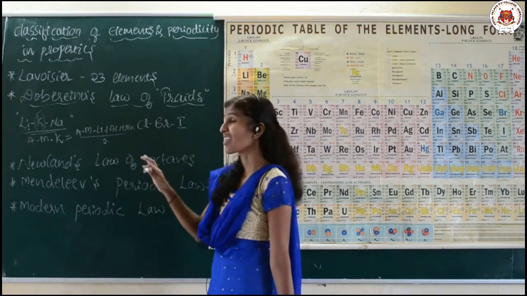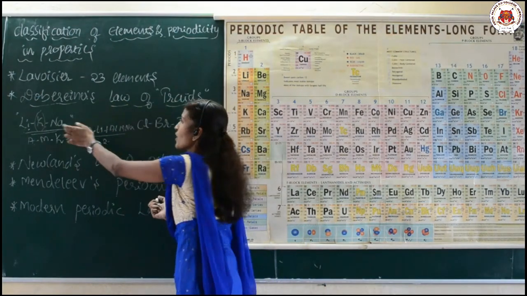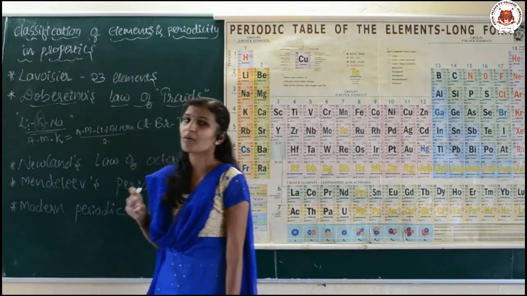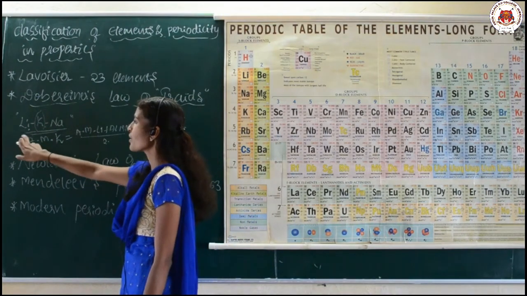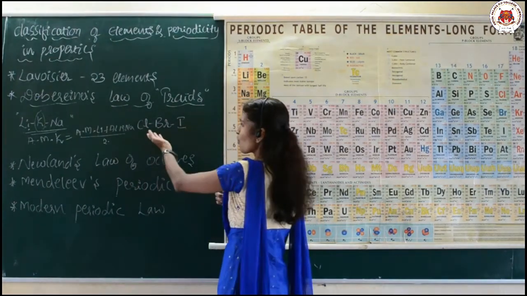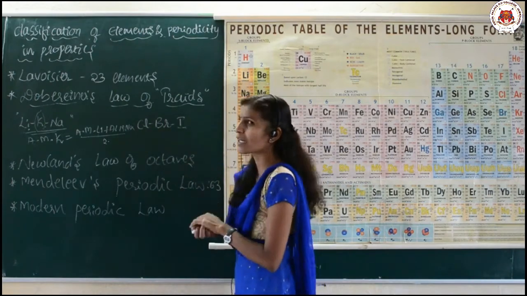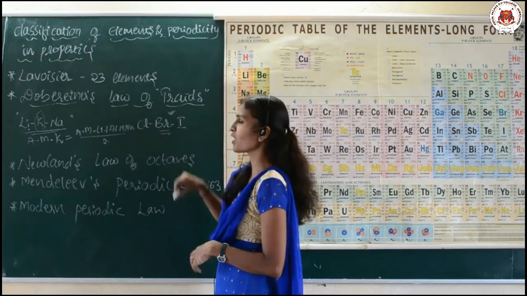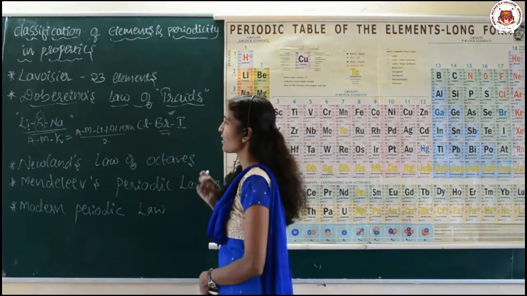This is how the scientist Dobereiner explained his law in a set of 3 chemically related elements, and this set of 3 elements is nothing but a triad. If you take one more example, there is a triad of chlorine, bromine and iodine. If you calculate the atomic mass of the middle element, that is Br, it is exactly the arithmetic mean of the atomic masses of these 2 elements. This is how Dobereiner stated his law.